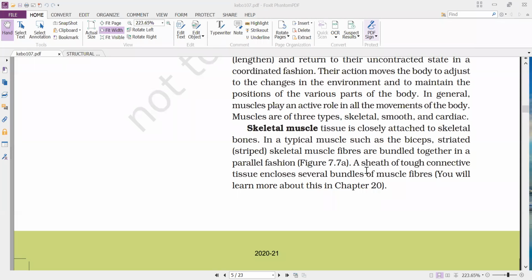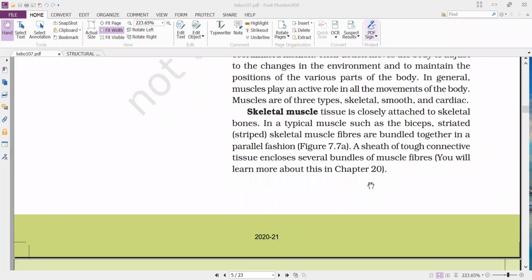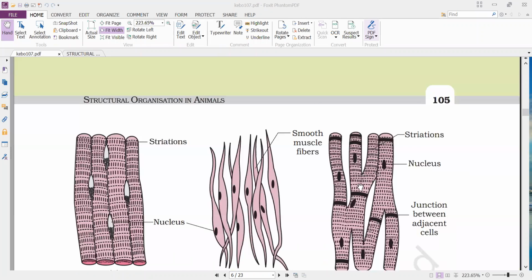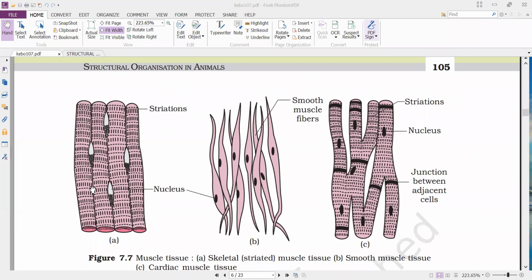We will discuss in detail the structure of the skeletal muscle fiber exactly. You can observe the diagram here. In the skeletal muscle, we can observe the striations, with light band and dark band alternating with one another. That's why we call it a striated or striped muscle.